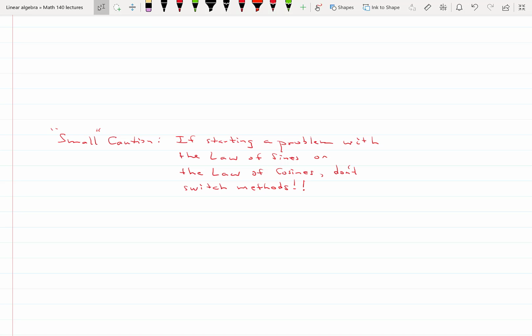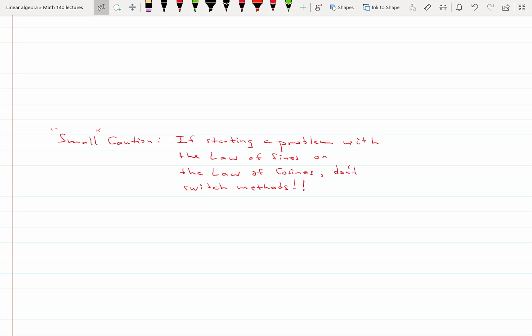The details of the reason for this I'm not going to go into, it's not really instructive, but basically, if you start with the law of cosines and switch midway to the law of sines, you could find yourself in the side-side-angle case, but the information that you're given won't indicate that you're finding the wrong triangle.